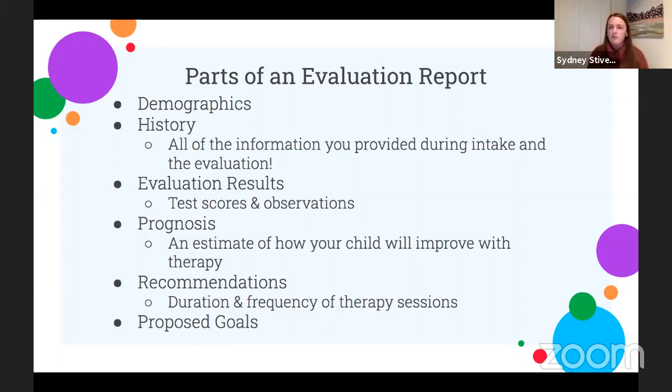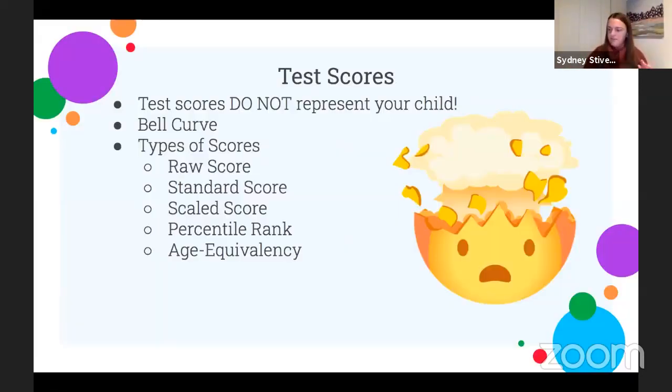And for most tests, the one standard deviation is 15 below or 15 above the mean. So like you can see down here, the mean is 100 and one standard deviation below is 85 and one standard deviation above is 115. So that 15 number will be important too as we learn a little bit more about scores.